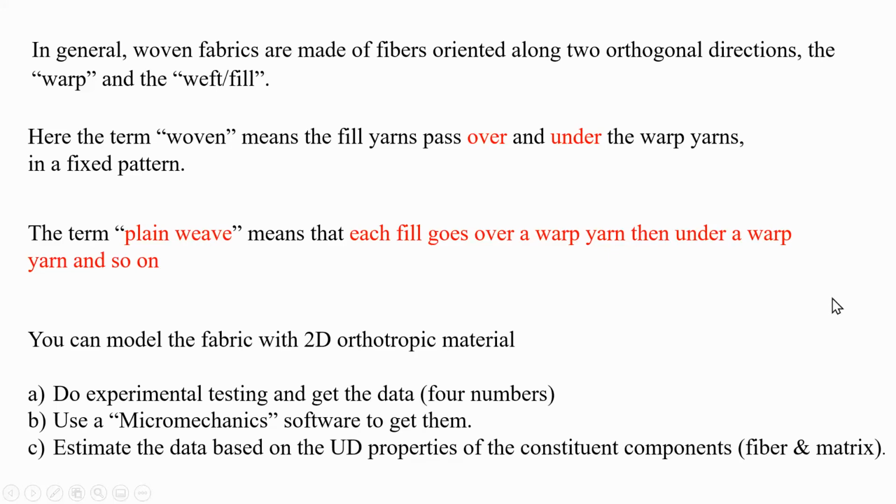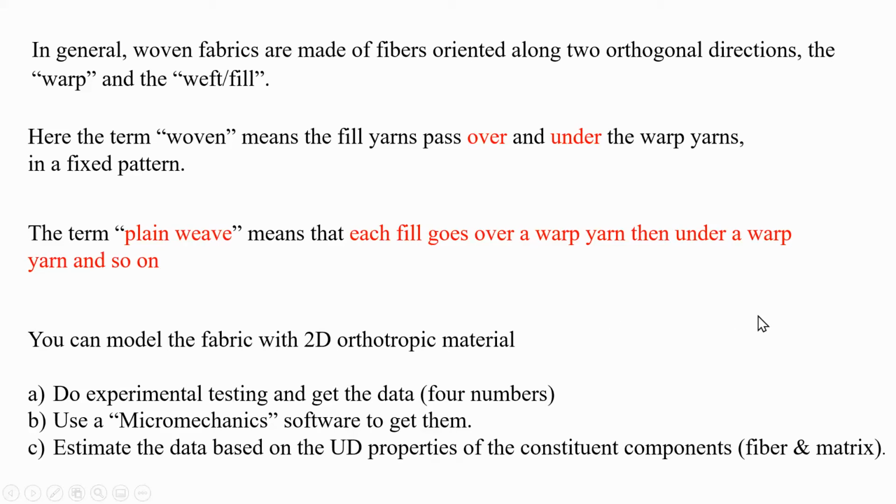Now, when it comes to modeling fabrics, irrespective of whether they're plain or satin or some other kind, you pretend that it was actually a regular, unidirectional ply. That's a bad way of saying it, but you can use the same things that you did for unidirectional plies, except that you have to give the material properties somehow.